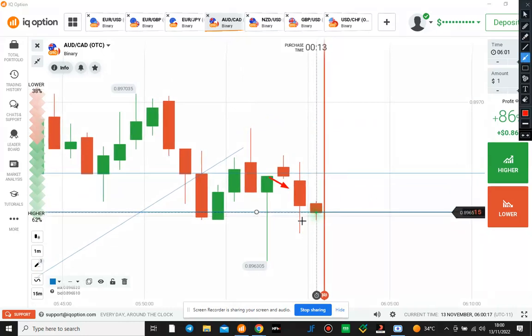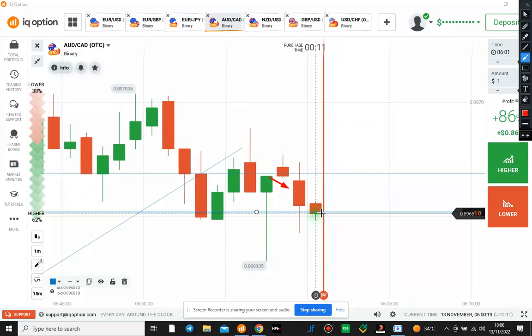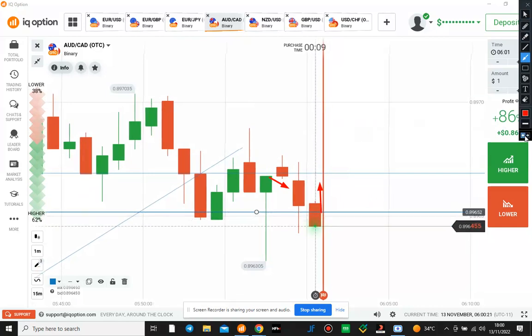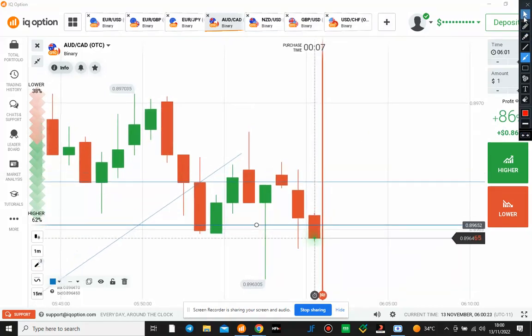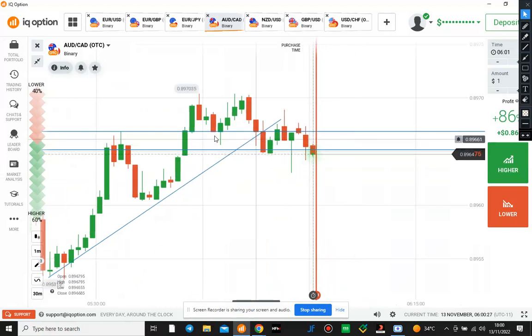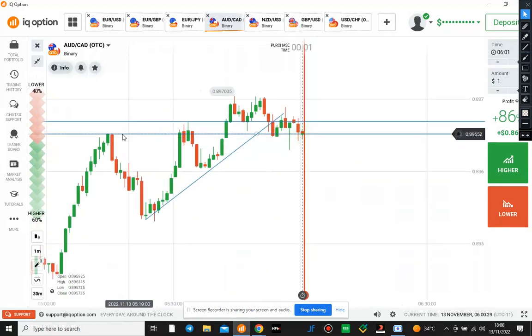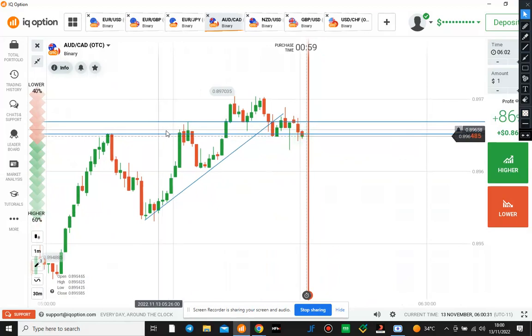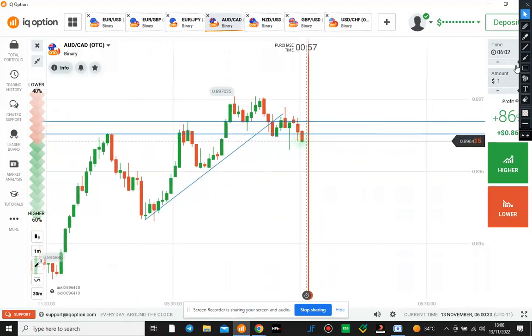A spinning top candle. So what do we expect next to happen? We expect a green candle, because we can see this is an area of value, resistance, support, and then we have some consolidations.